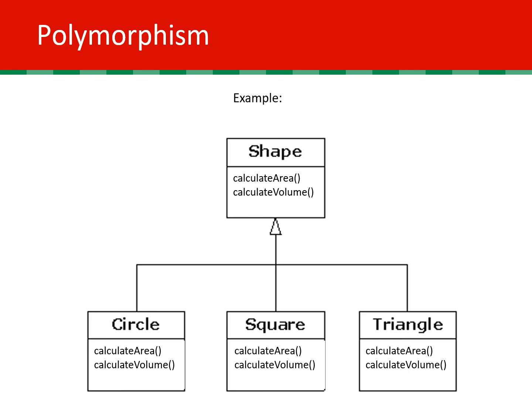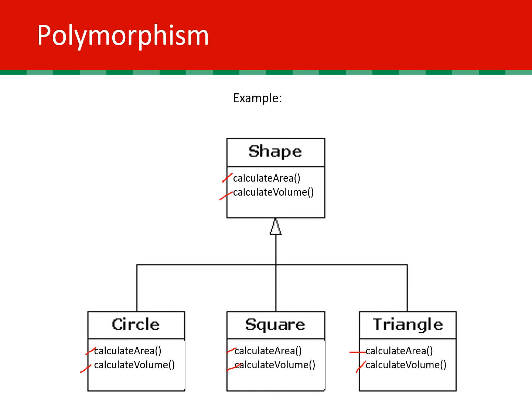The parent class is shape and the subclasses are circle, square, and triangle. You can see that the name of the method is the same, and they are in different classes. This is allowed in object-oriented programming. For example, this is circle.